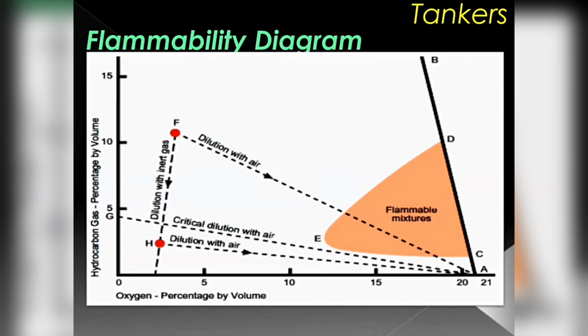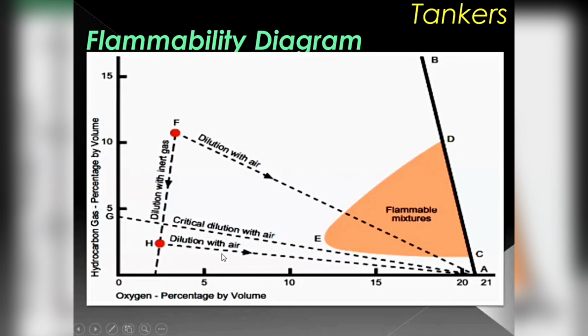The oxygen percentage is usually 5% in the tank, and the minimum required for combustion is 11%. It's a big 6% volume of oxygen gap in between. So one side of the triangle is safely removed, and there's a huge safety margin.